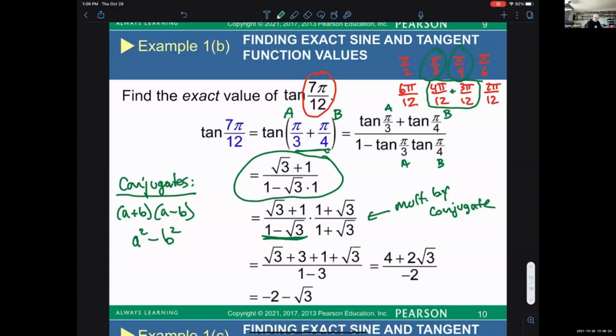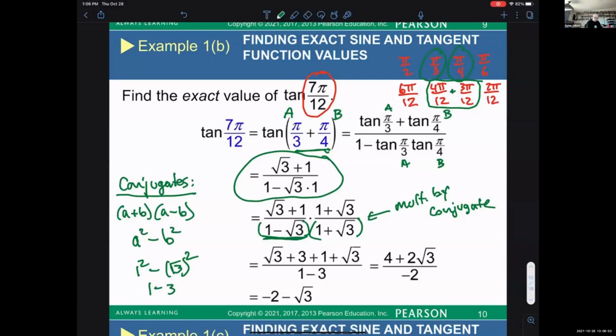So in this case, we had something of the form of a minus b. And so we need to multiply by the conjugate a plus b. So if I have 1 minus radical 3, I turn around and multiply it by 1 plus radical 3, and I end up getting 1 squared minus radical 3 squared, which is just 1 minus 3. And then the root goes away, and you don't have a root in the bottom anymore.